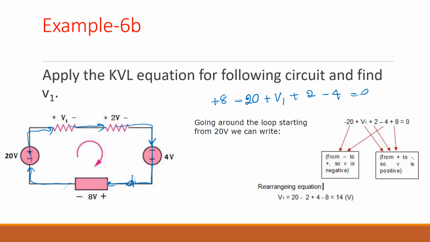So 20 minus 8 and 2 are plus, so that will be V1 minus 14 equals 0. Is that right? So negative 20, 24, you are minus, yes, so that equals 0. So V1 equals 14 volts.